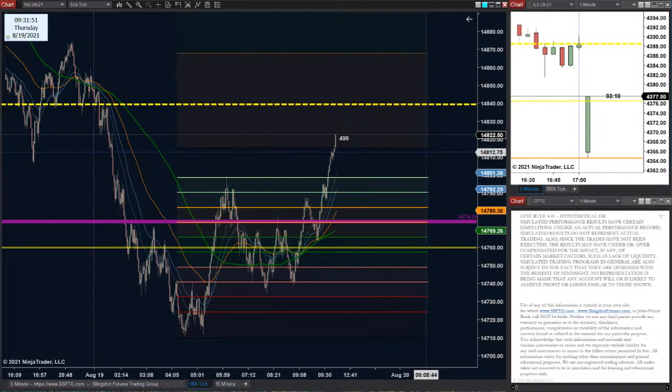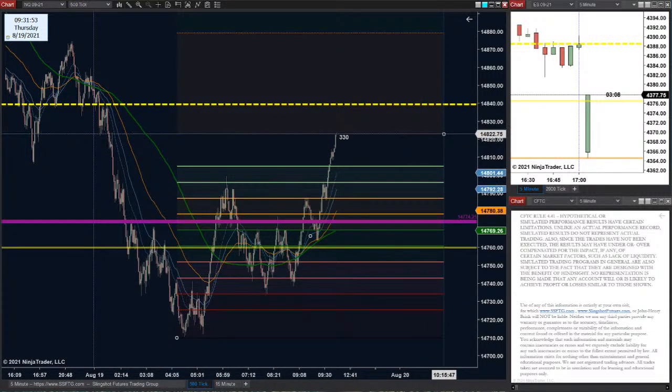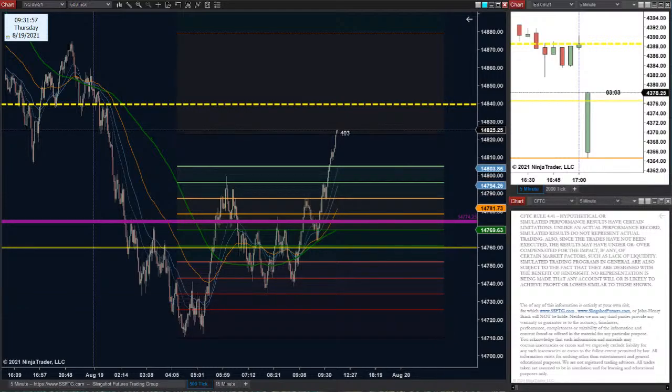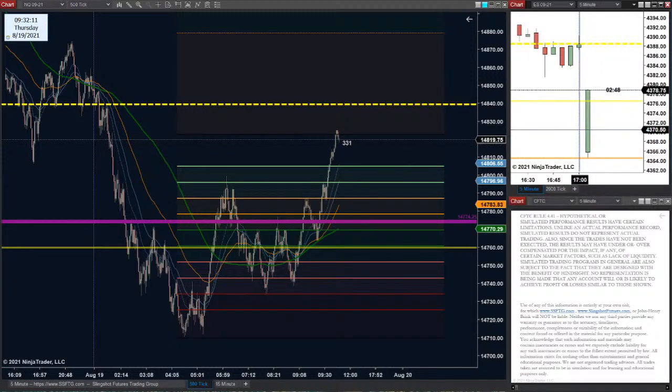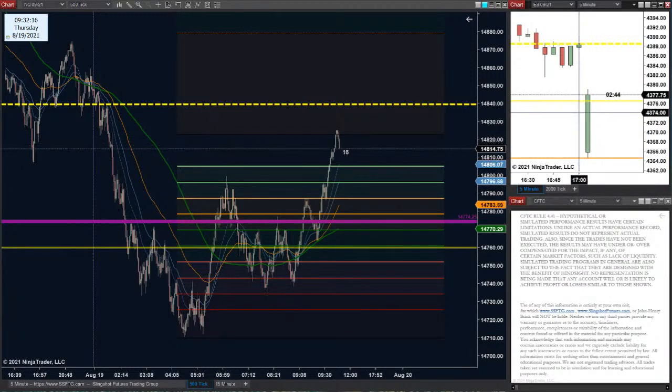All right, well, the bulls are giving it a shot one way or another. Beautiful continuation to the upside. Settlement for the S&P is not too far away, 88.5. Not quite.